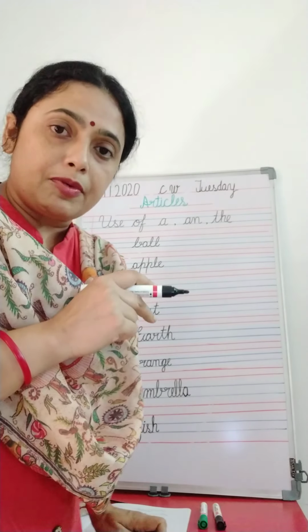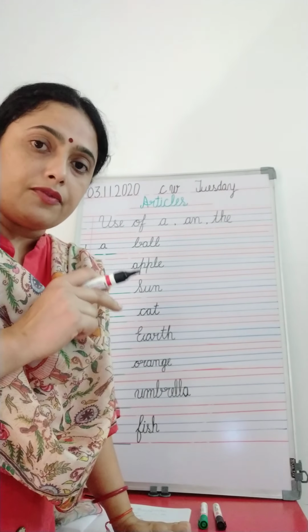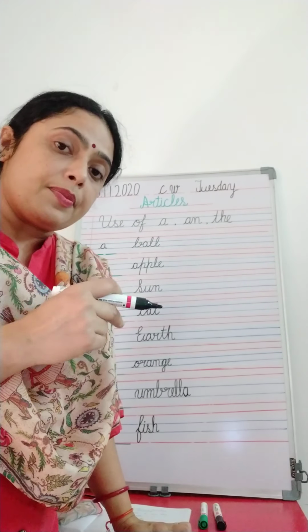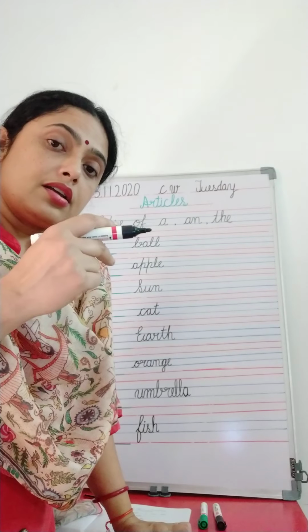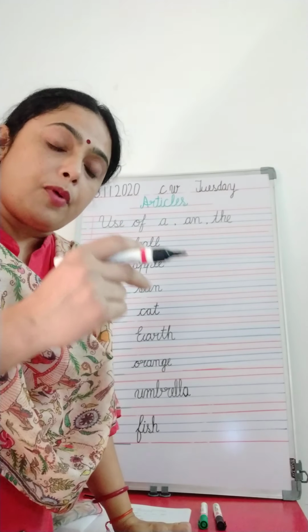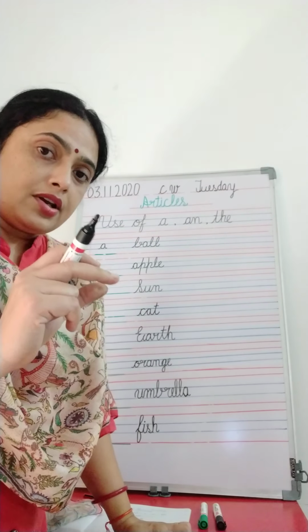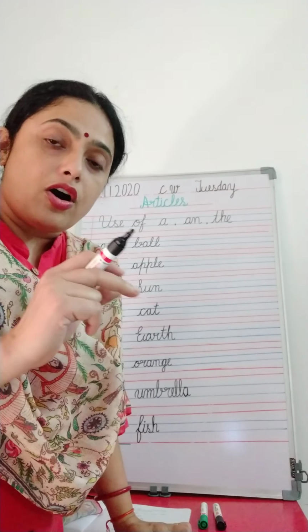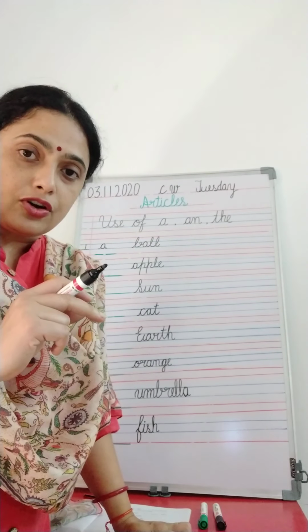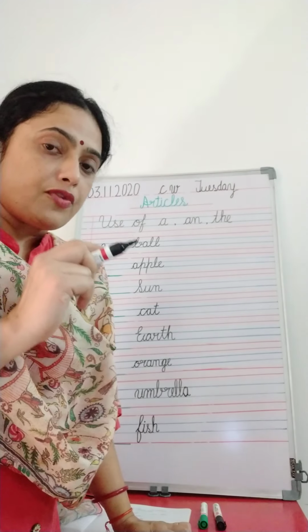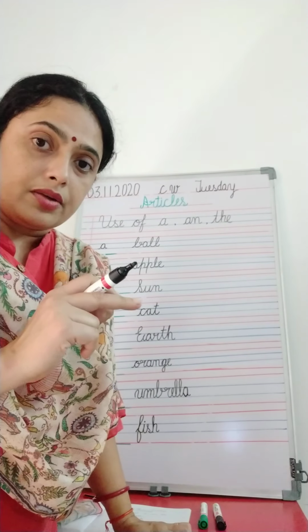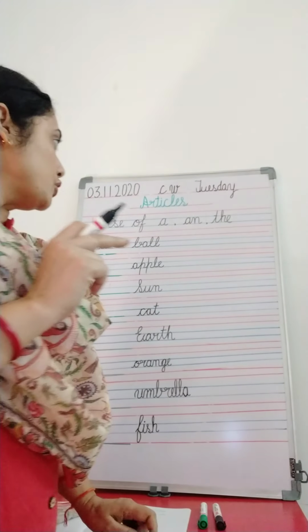Now for the second time, if I use the same ball, I will say, the ball is small. Now I will not say a ball is small. This I will not say, because now we are talking about the particular ball.